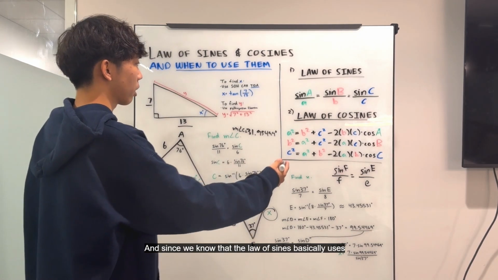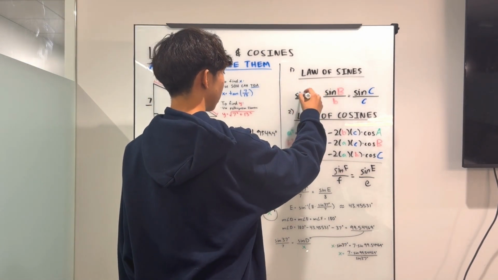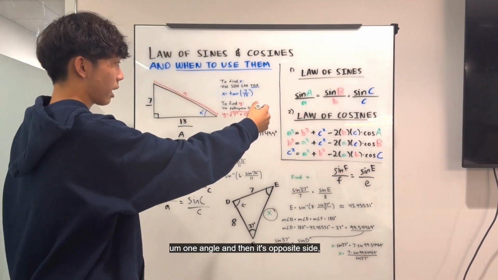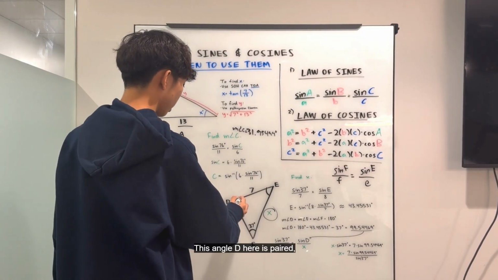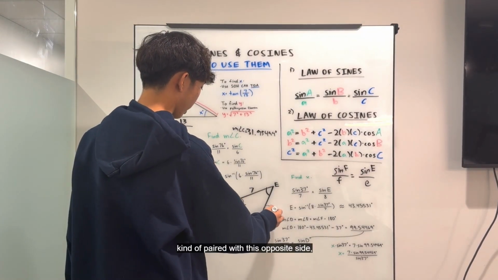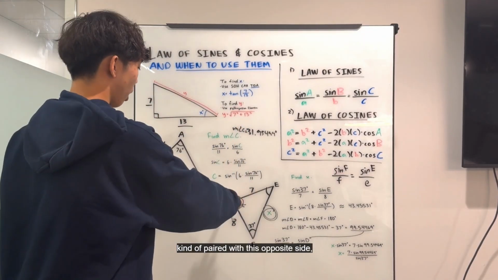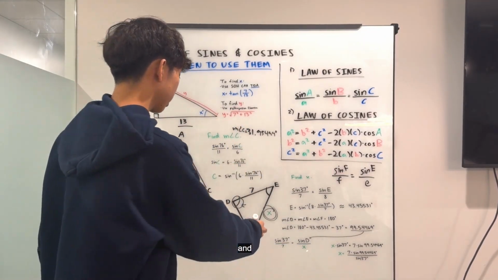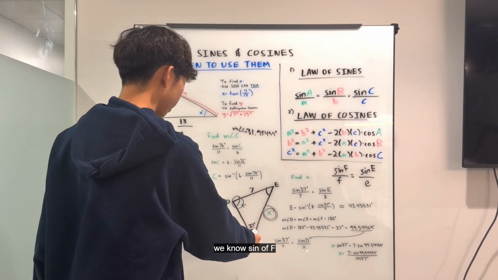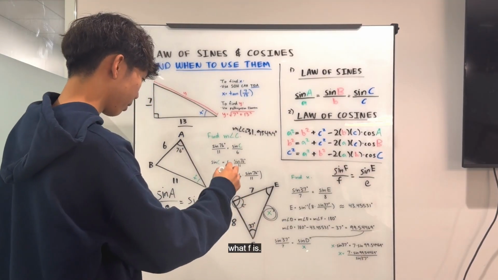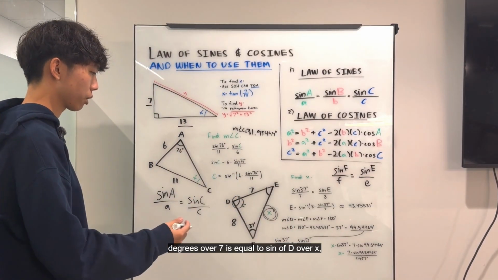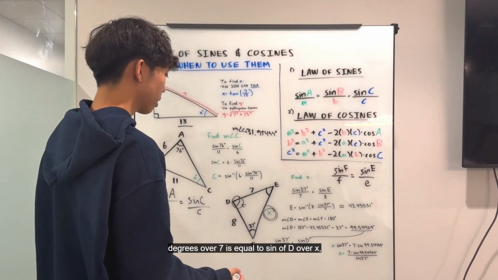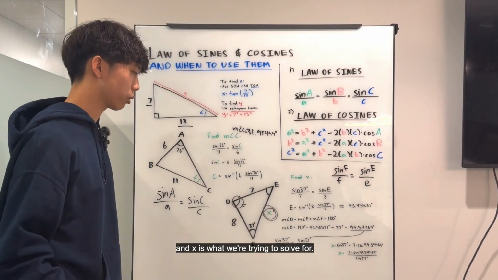The law of sines uses one angle and its opposite side, and another angle and its opposite side. This angle D here is paired with this opposite side, and we know sine of F and what f is, so we do sine of 37 degrees over 7 is equal to sine of D over x, and x is what we're trying to solve for.